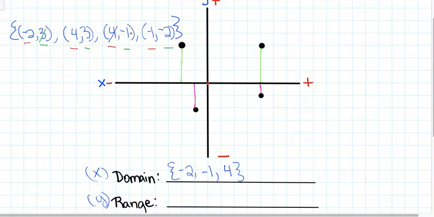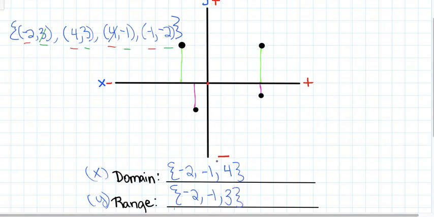From least to greatest, -2 is the least value. So squiggly line brackets again, and I've got -2, -1, and 3. Okay? And that is it.